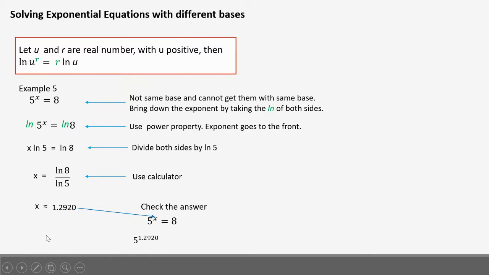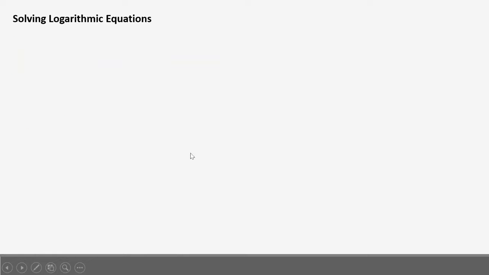So it'll be 5 to the 1.2920, and that's what it gives me, guys. It will never give you the exact answer. Why is that? Because we rounded off to 4 digits. So it will always be real close to the actual number. That means it's correct, and that's how we can check our work.